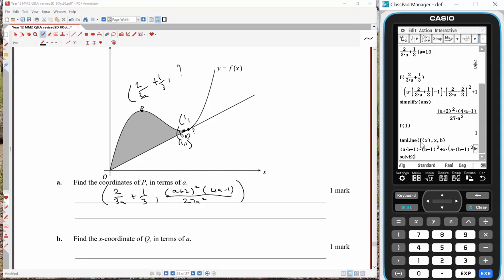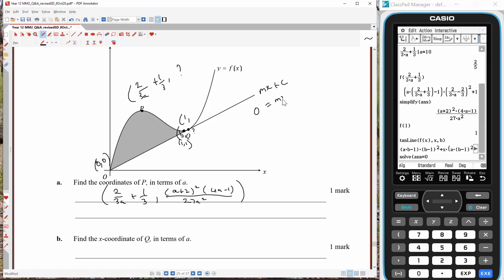So here's what I'll do. I'm going to solve this, and I'm going to let the y coordinate equal 0. So essentially, I'm subbing in 0, 0 into this equation here, which is written in mx plus c form. So this is going to equal 0, and I've got the gradient times x plus c.